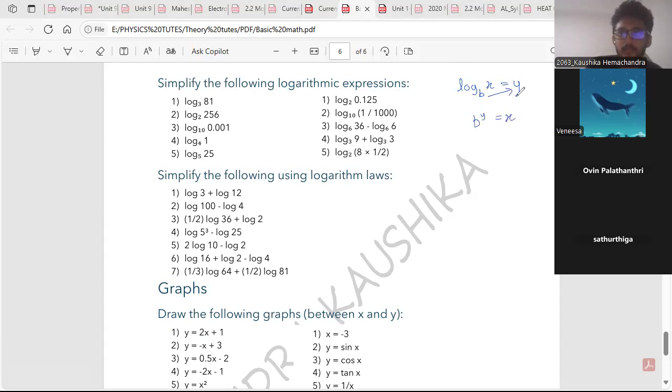So when they say log b x, it means b to the power of something is x. So they are asking you to find that power, right? So the answer of a certain log value is actually a power. So this is the common equation that we will need to use in all our sums.